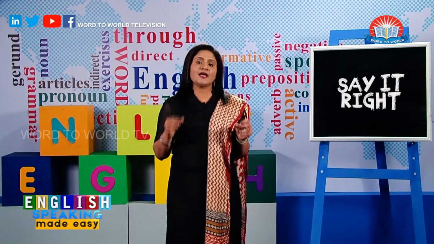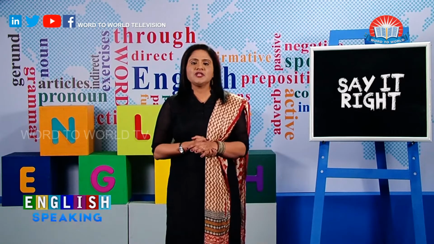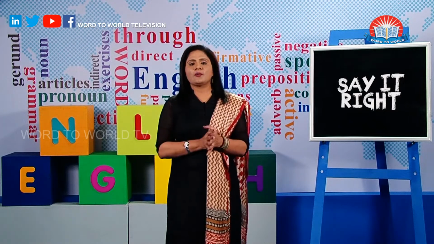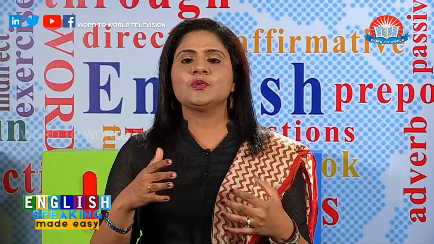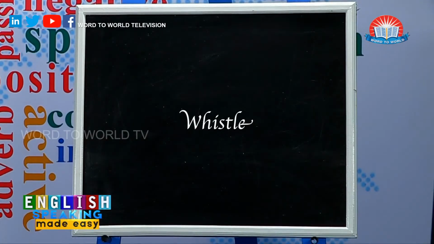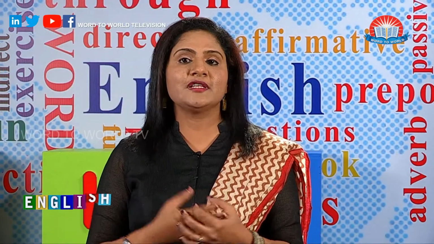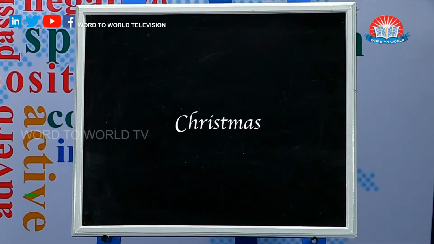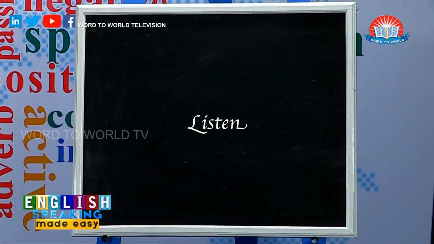Now, let us look at the silent letter T. T is not pronounced in these common words: whistle, hustle, bustle. In none of these words do we have T pronounced, even in words like Christmas, listen, hasten, soften, none of these words do we have T.